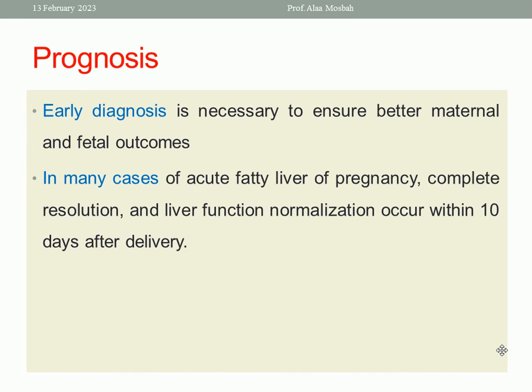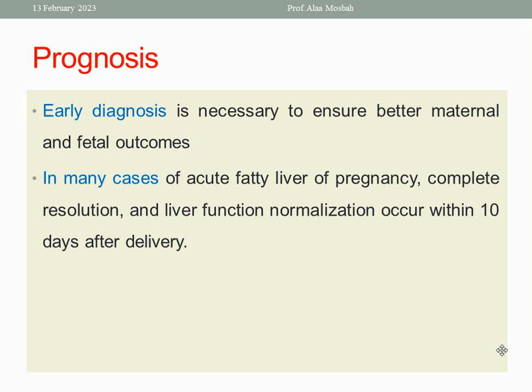In many cases of acute fatty liver of pregnancy, complete resolution and liver function normalization occur within 10 days after delivery or a few days more. Okay, so if you diagnose the case early, if you terminate the pregnancy and resuscitate the mother, you are saving the life, and normalization of the liver function may happen after 10 days.